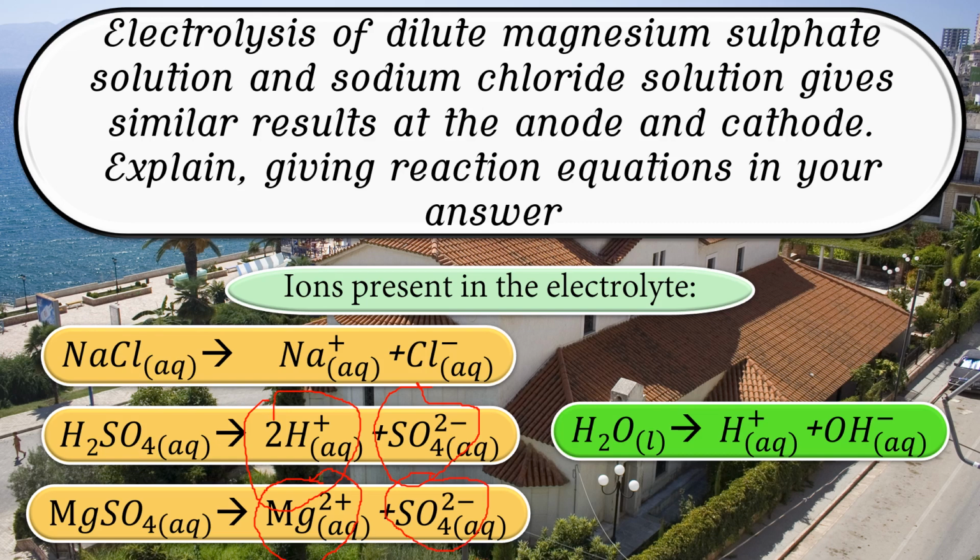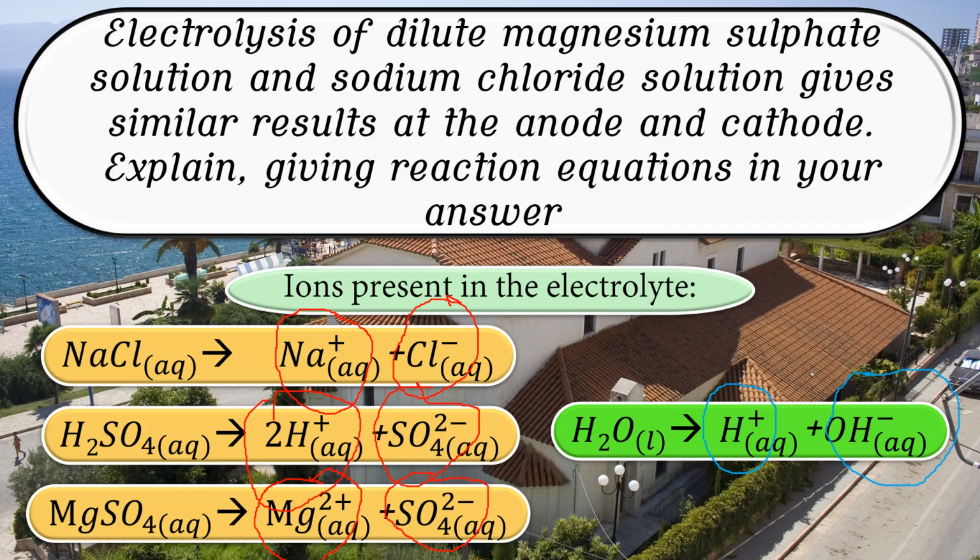So now we have our sodium chloride giving us sodium ions and at the same time the chloride ions. Then on the other side, we have water. Water on the other side is giving us the hydrogen ions, and then it is also giving us the hydroxide ions. So those are the ions that are in our electrolytes, all of them.